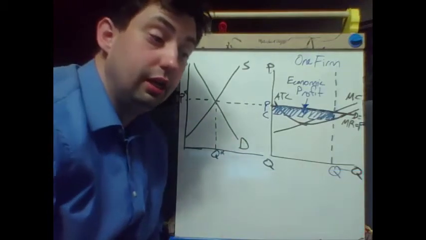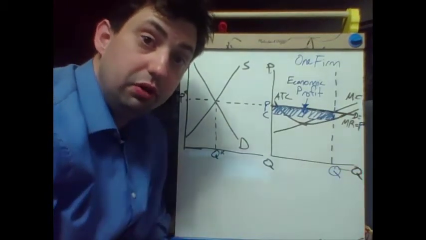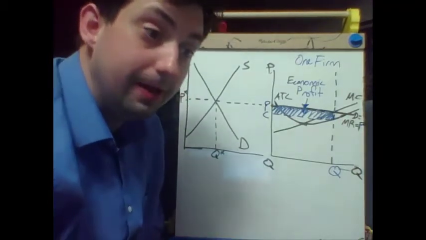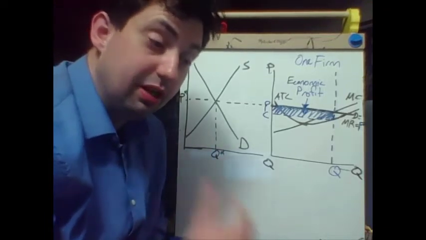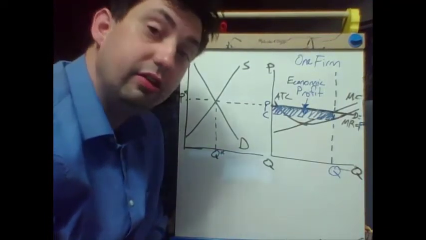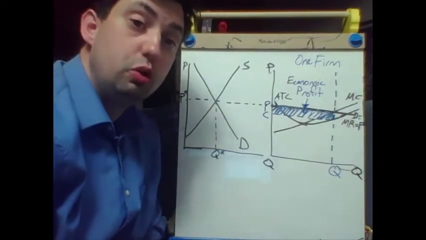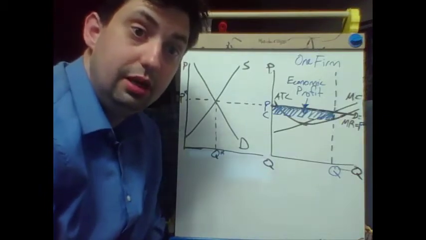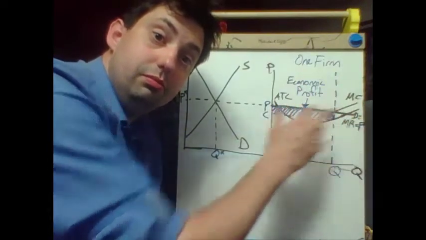This is not merely the amount of money that the company has left over after it's paid everyone that it needs to pay. This is not merely the profit that people collect. This is the economic profit. This is saying not only are you collecting money, you are collecting above and beyond what is normal. Opportunity cost is already baked into this diagram.